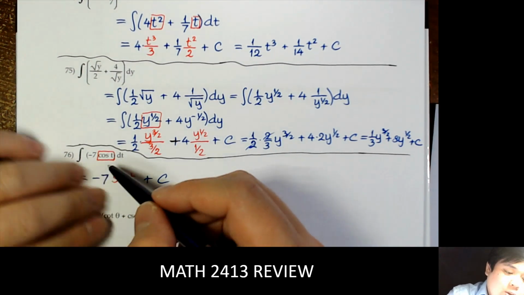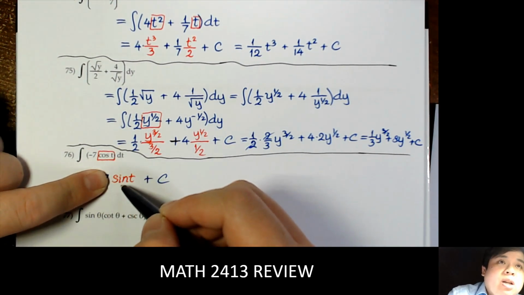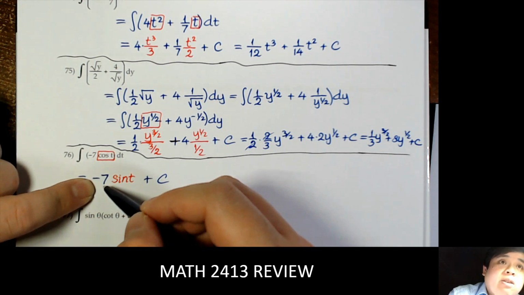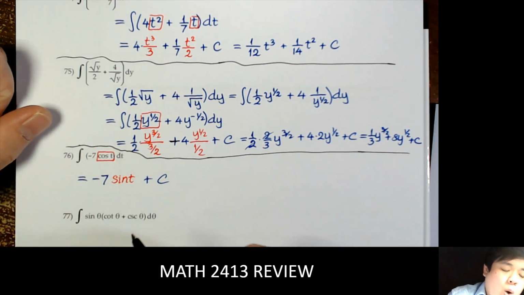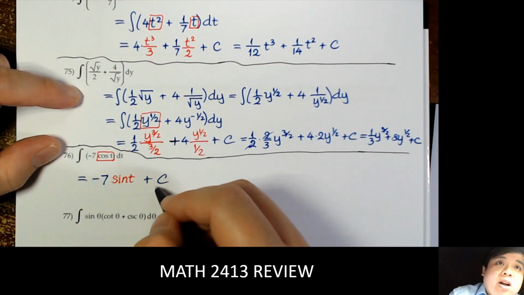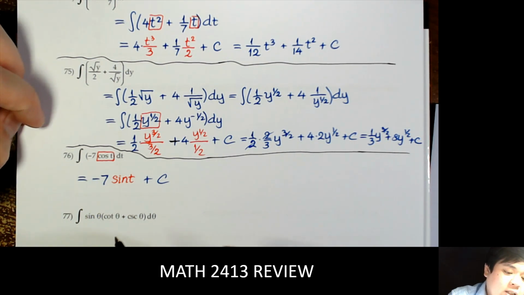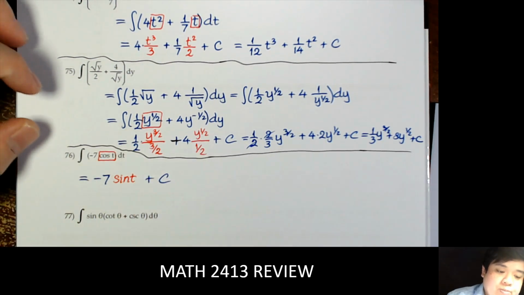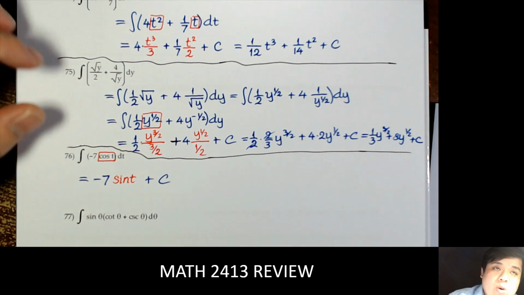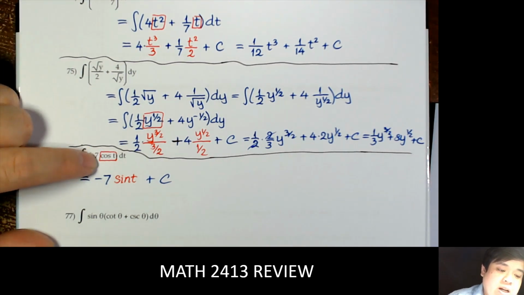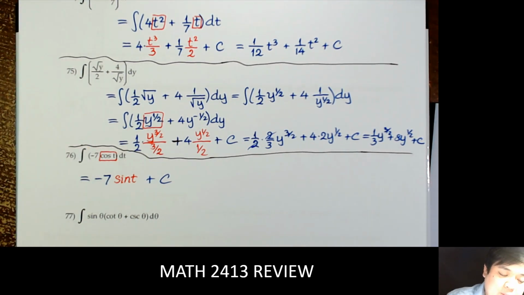So cosine of t, integral sine t, and then the negative 7, and then plus c. All the indefinite integral will have the constant at the end. That will give us all the antiderivatives of the negative 7 cosine of t.